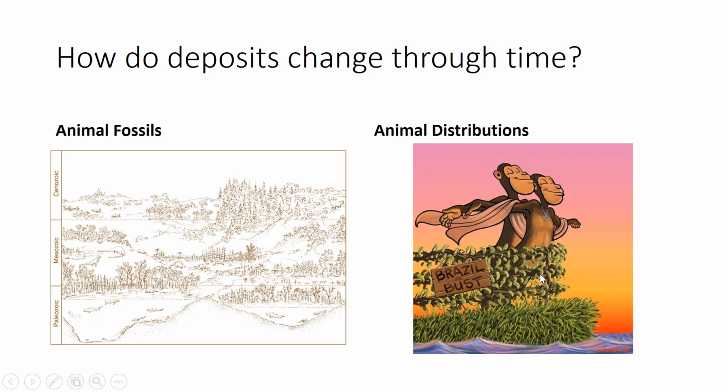Animal distributions also change. Here you have an artist representation of old world monkeys rafting over to the new world. And the authors of the textbook even talk about that biogeography used to be entirely described as vicariance, where basically some geographic barrier separates groups, and that's the only way to explain animal distributions.